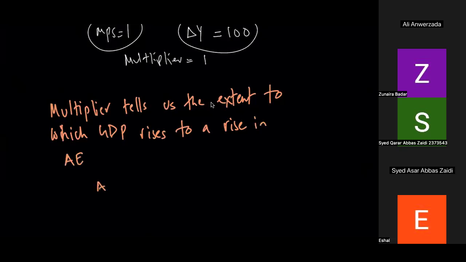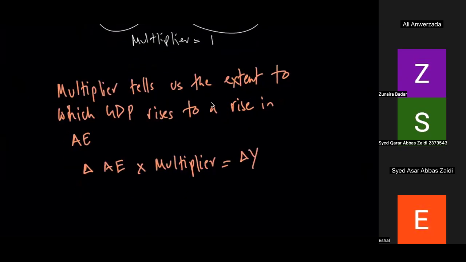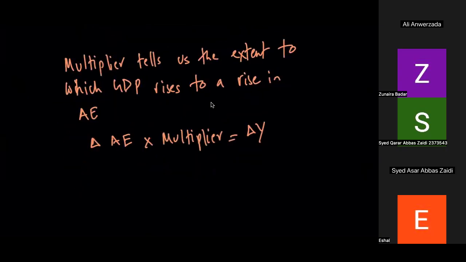Remember what AE is? In full form it is C plus I plus G plus X minus M, but AE means aggregate expenditure. So when your AE changes, change in AE times multiplier is your change in Y. And this change in AE can be 100 or 200 or 300. Aggregate expenditure can be 200, 300, 400, whatever the change in AE is, times the multiplier gives your change in Y.